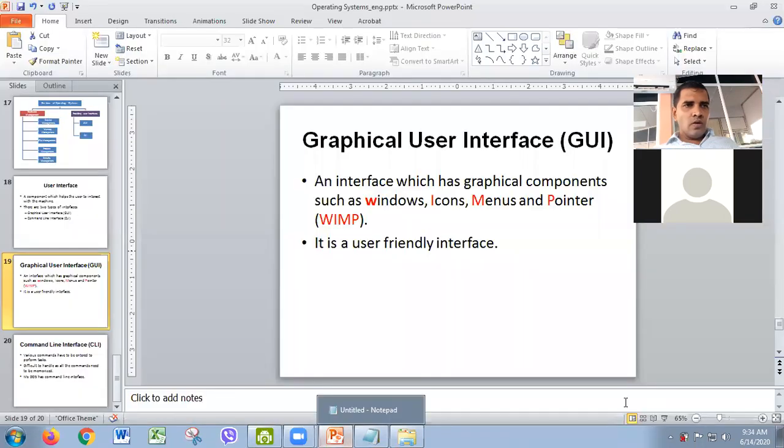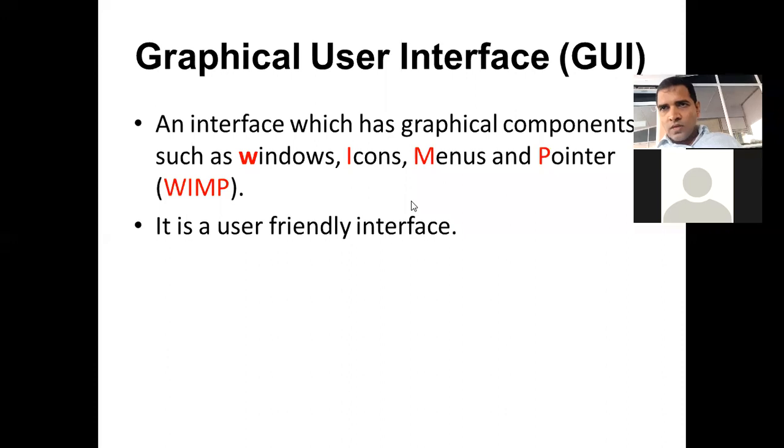Which we call WIMP, because sometimes we may forget the four things. That's why we form a word, WIMP. So remembering WIMP is easy, right? When you remember WIMP, then you can guess the words for W and then I and M and P, right? So remember, almost all the software which we use now has graphical user interfaces because they are too friendly.